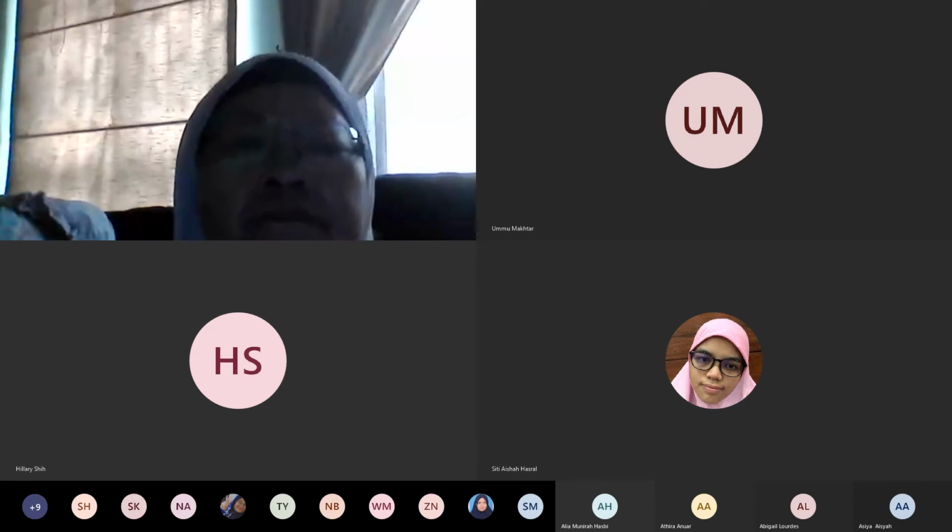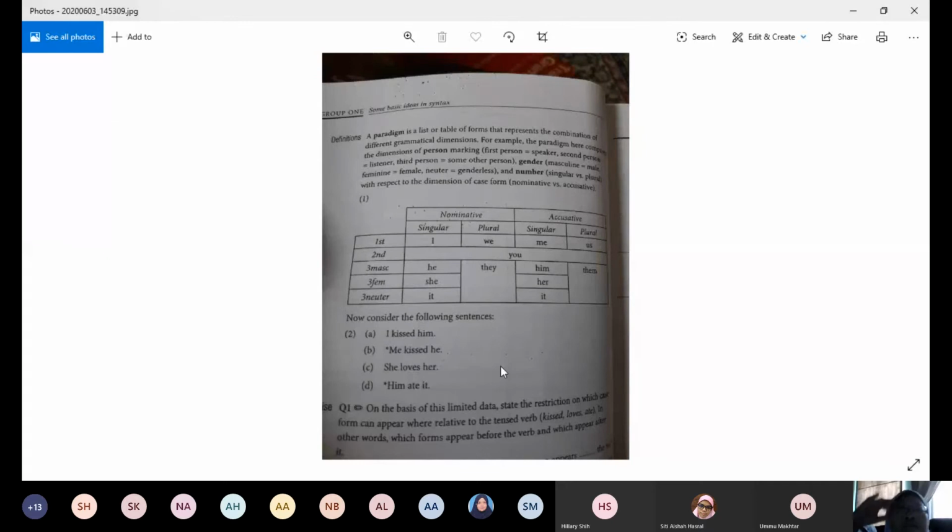Let's look at this. The paradigm. If you look at table number 1 in 1, you notice that it is giving us a distribution of the pronouns in English. This kind of table is called a paradigm. A paradigm is a list or table of forms that represents the combination of different grammatical dimensions.